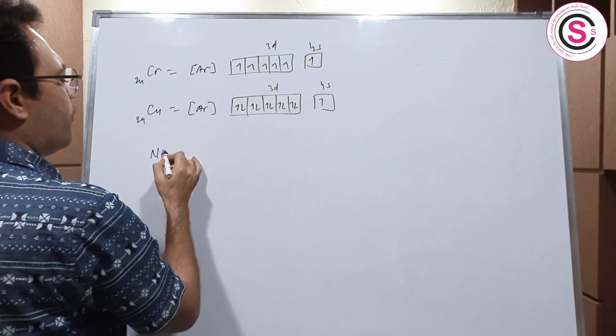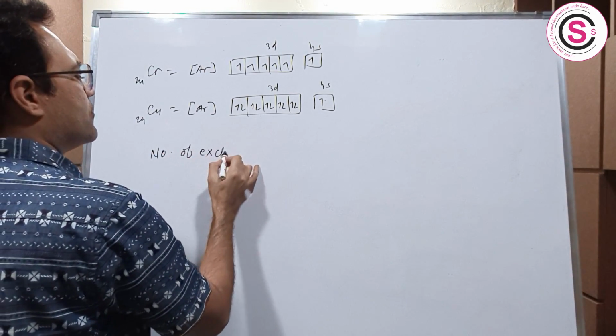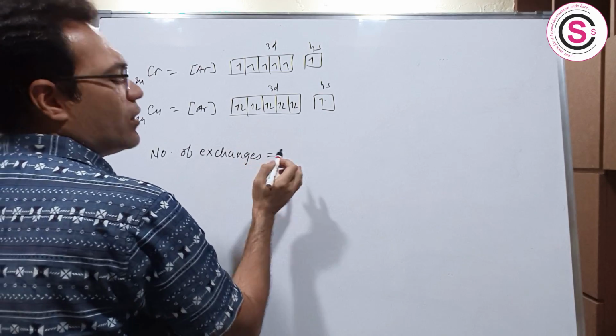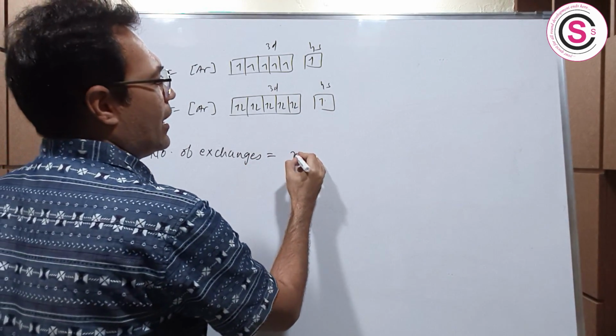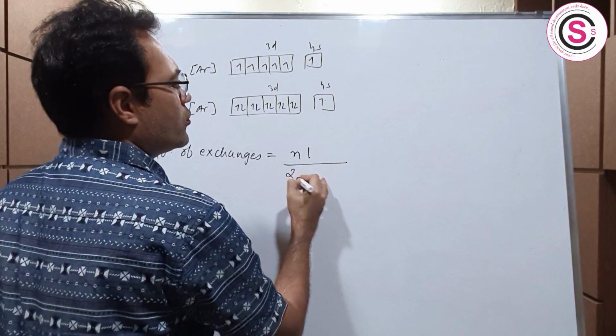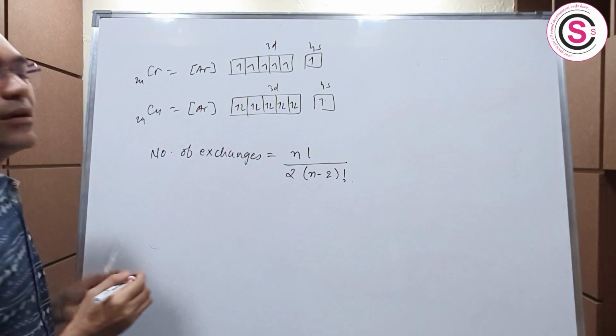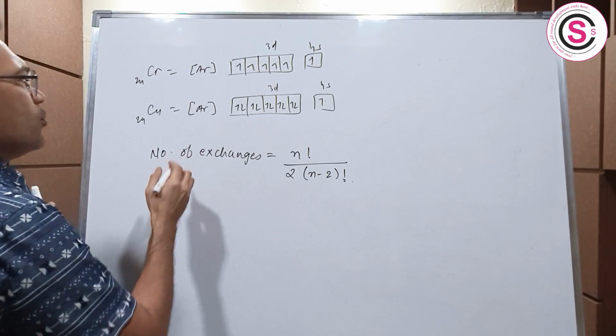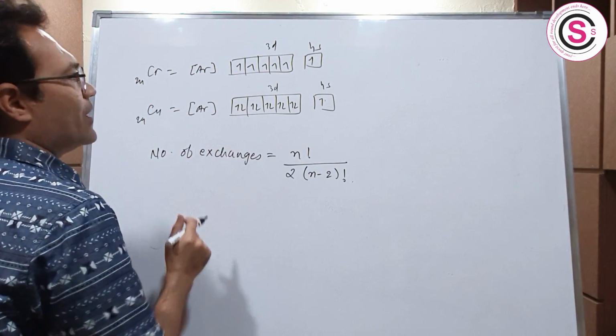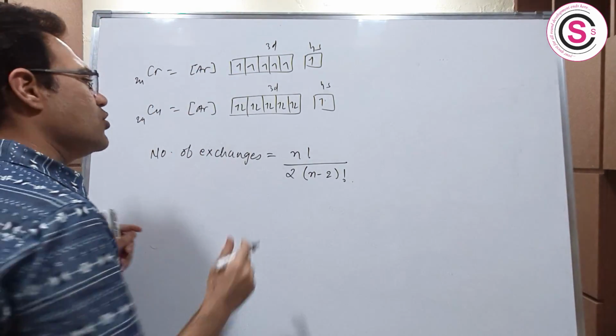We do have a formula to calculate the number of exchanges. The number of exchanges can be calculated by using the formula n factorial upon 2 into (n minus 2) factorial. Correct? So suppose I want to calculate the number of exchanges in chromium, right? So what is my n?